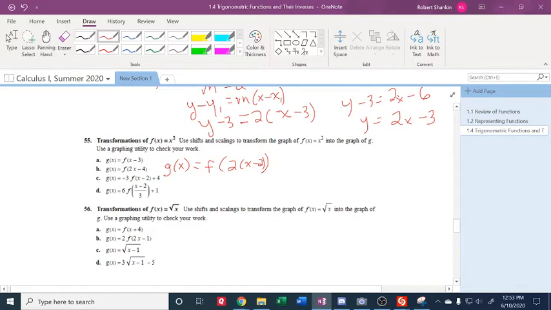Then this 2 is a horizontal shift, and it's sending you right 2. And then this is horizontal compression.